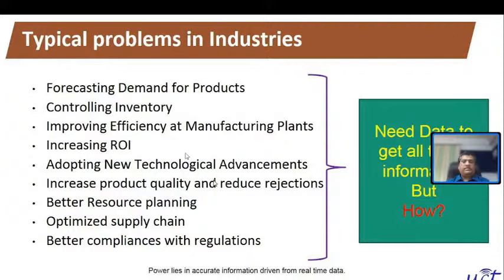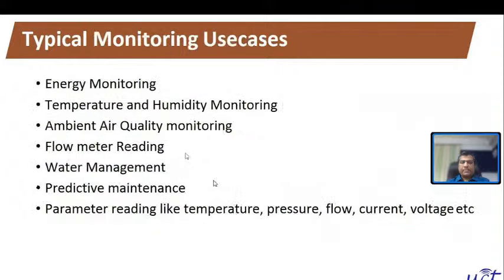So there are some typical monitoring use cases across the industry, whether it is oil and gas, clothing and textile, electronics, metal manufacturing, wood, leather and paper, fabric, chemical, automobile. Whatever industry we talk about, they typically have these kinds of monitoring use cases.